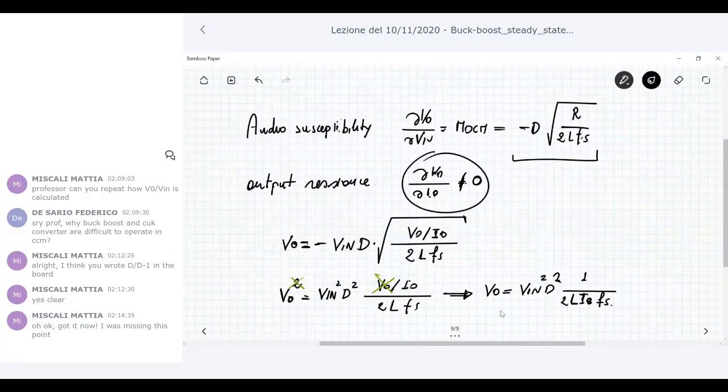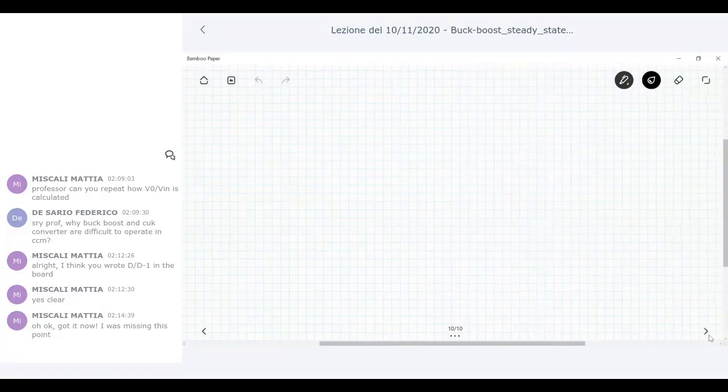Now you can apply the definition, the delta V naught versus delta I naught.